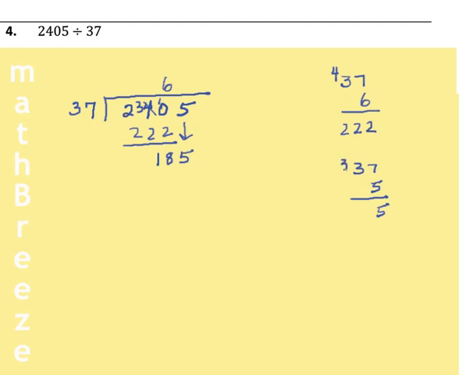Carry the 3. 5 times 3 is 15, and 1 is 18. So we have an exact division. 5 times 37 is 185. So an exact division, that is, we have a remainder of 0. And on top we have the quotient.